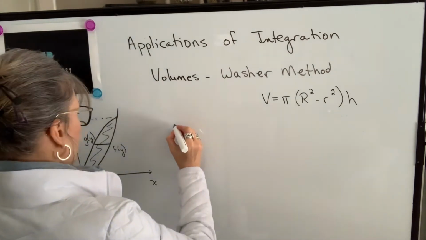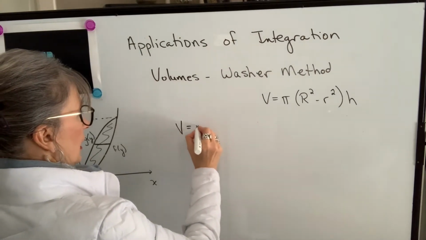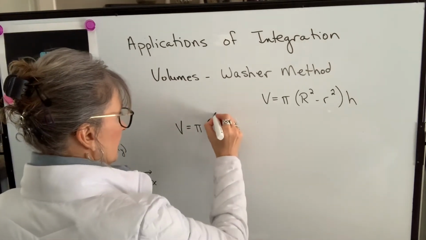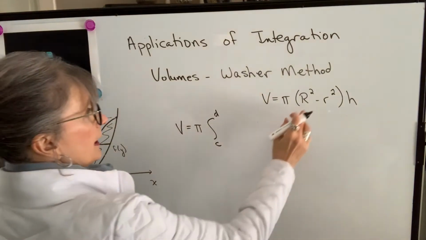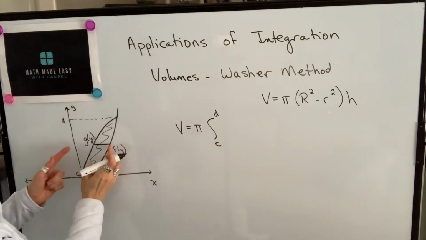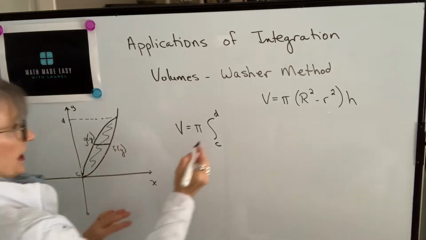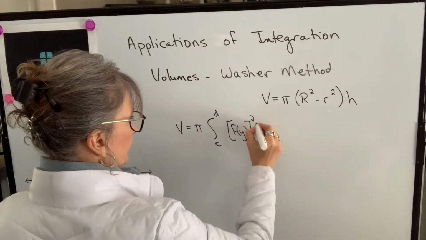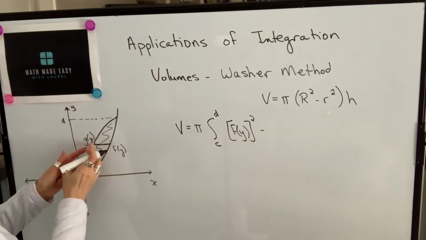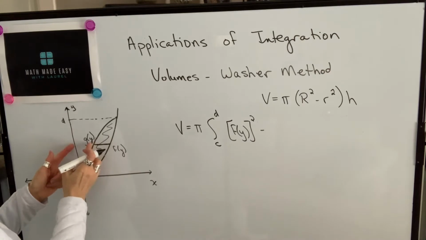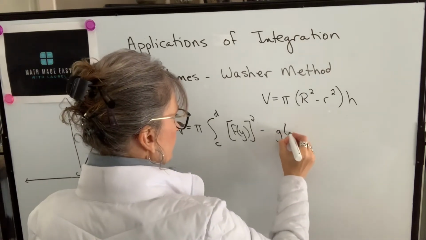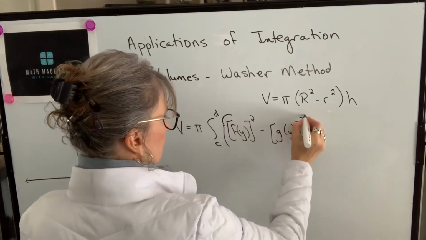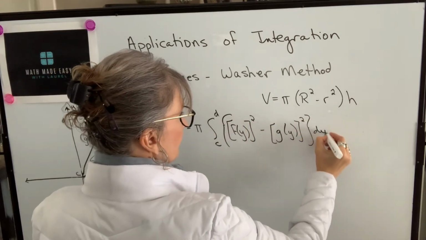So the formula that we're going to use: volume will equal pi times the integral from C to D, so the y values, not the x values, of the large radius, so that's the outside radius, so that will be f of y squared, minus the inside radius, so that's the function that's closest to the y-axis, so g of y squared, and the height is dy.